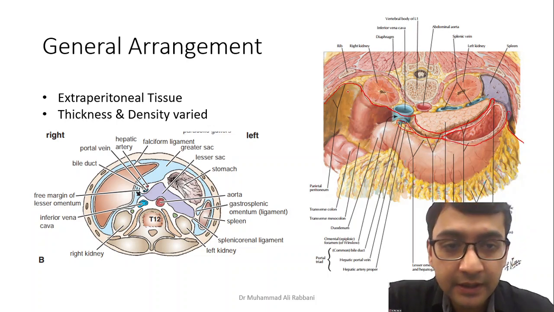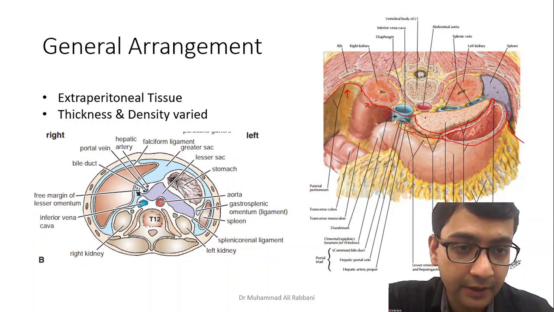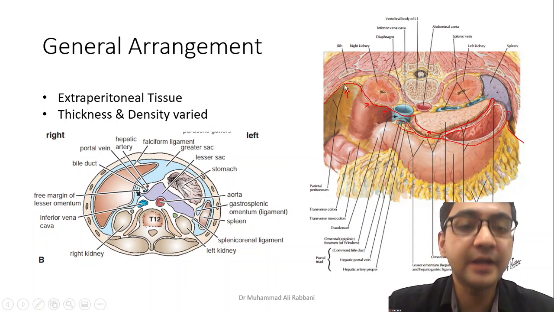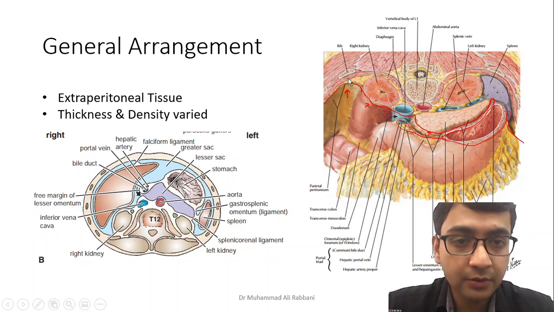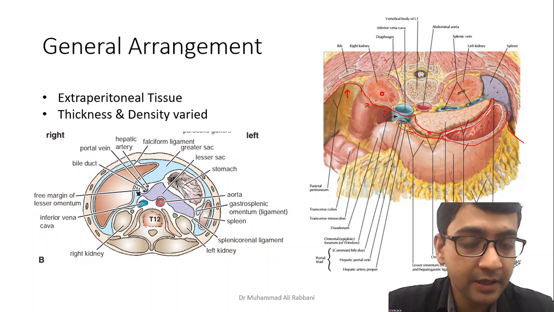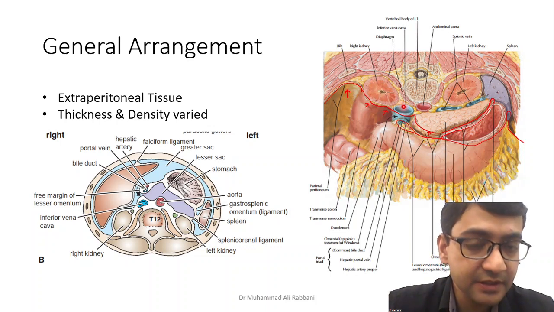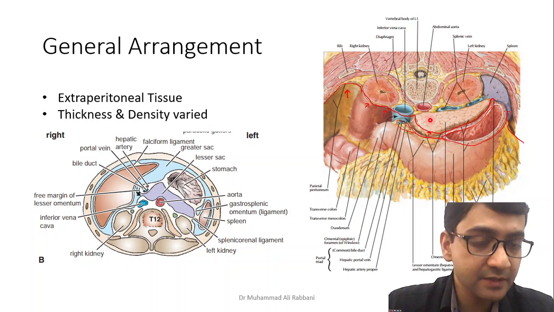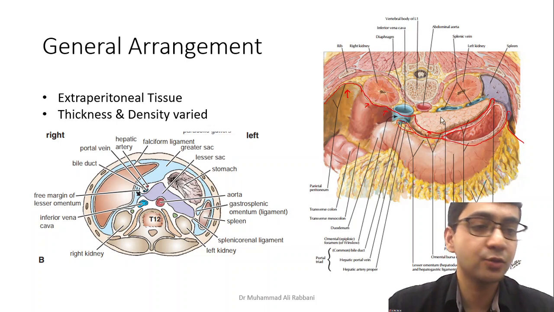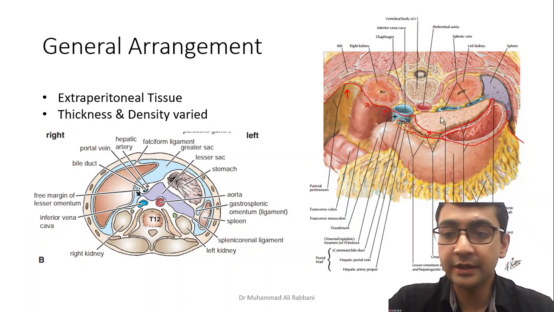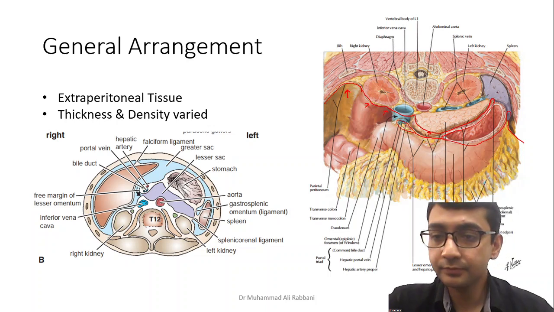What I wanted to say is that here is the last limit of the peritoneum. Anything behind this is retroperitoneal. So here you can see that these kidneys are retroperitoneal organs, this inferior vena cava is retroperitoneal, this pancreas is a retroperitoneal organ, and so on. So this is the difference between the retroperitoneal and subperitoneal.